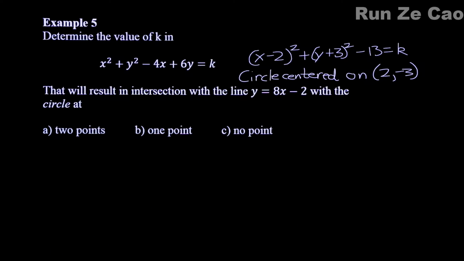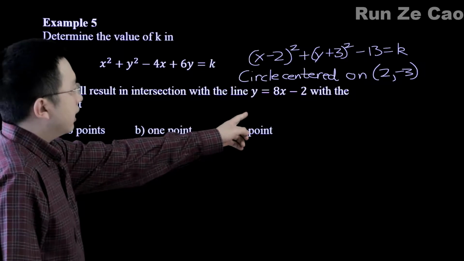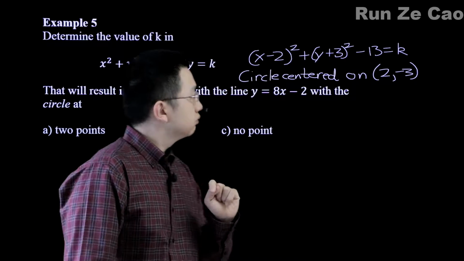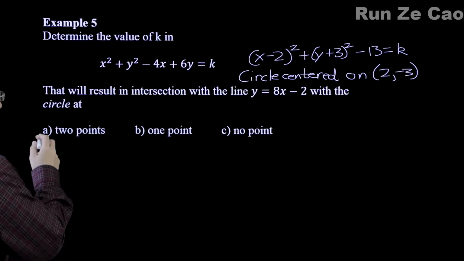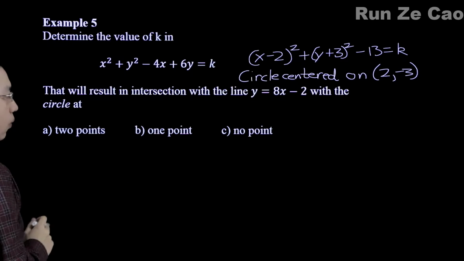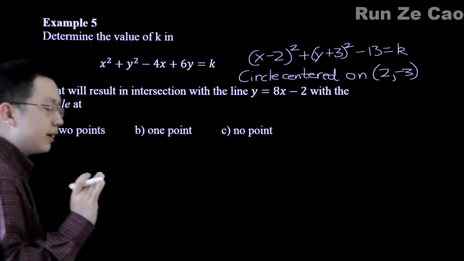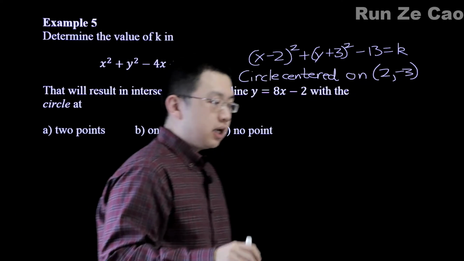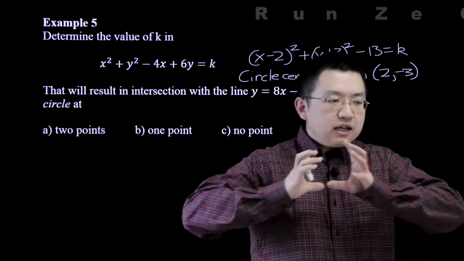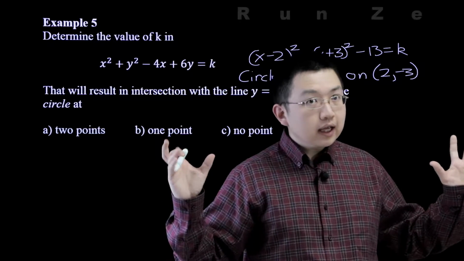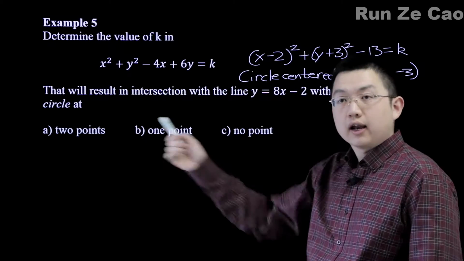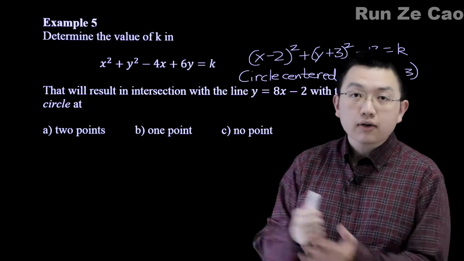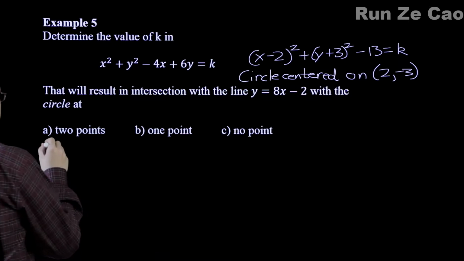All right, so the intersection is with the line y equals 8x minus 2. So first, we want to see where it is tangent. Why? Because if we know where it is tangent, then any bigger circle is of course going to end up cutting at 2 points, and any smaller at no points. Yes?